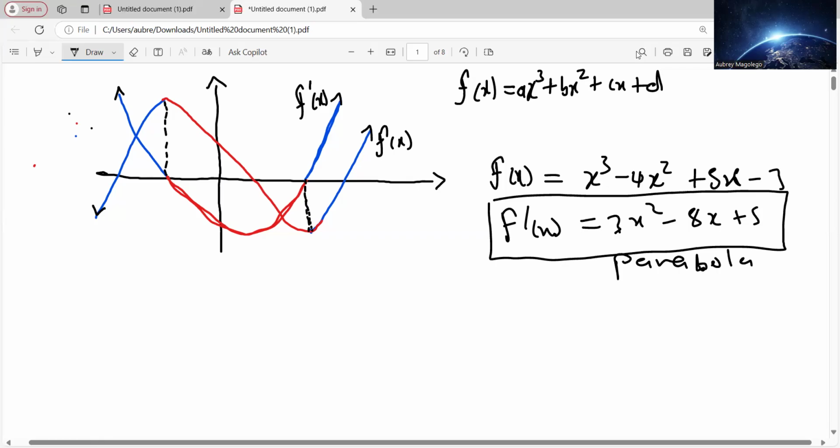So now we want to understand what is the relationship between f of x and f prime of x.